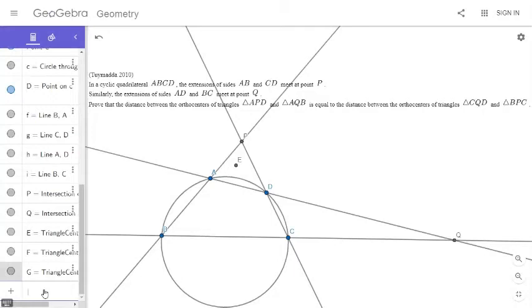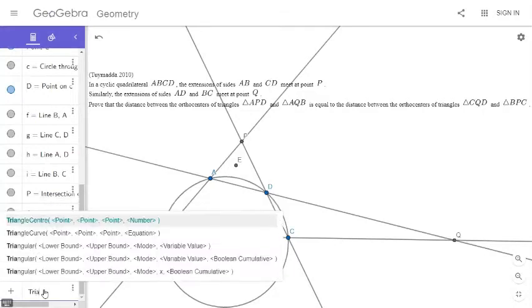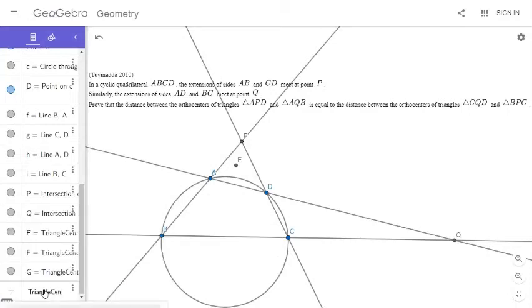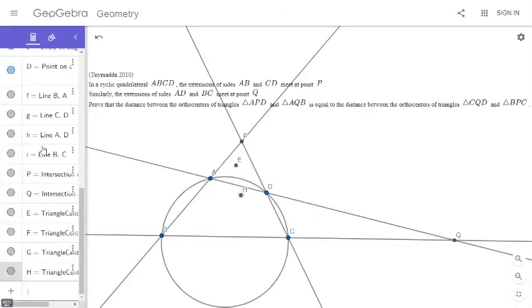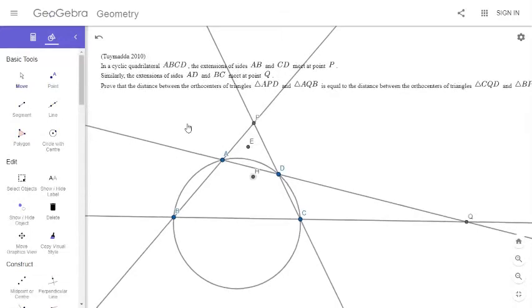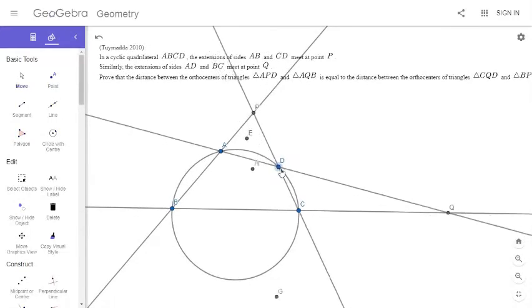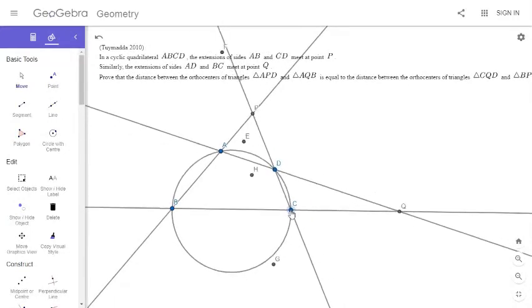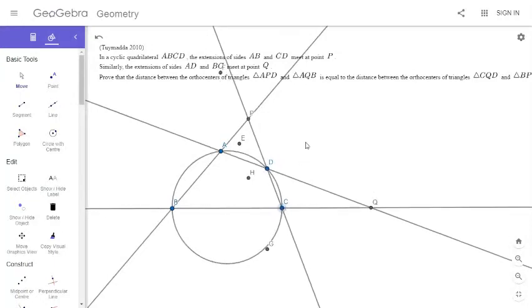That's also off the page. And then triangle center BPC4. That's on the page. So some of the orthocenters are on the page, some are off the page. Maybe if we shrink the diagram enough, then they'll all be on the page.